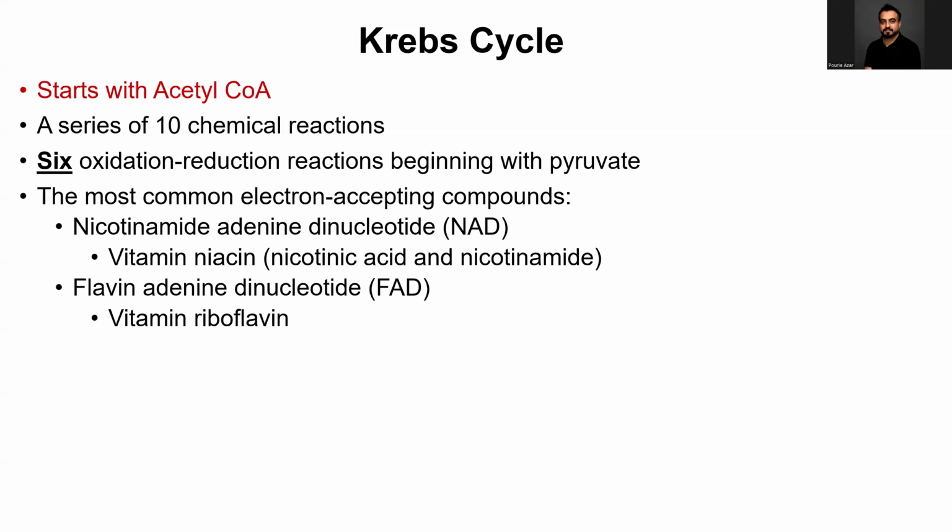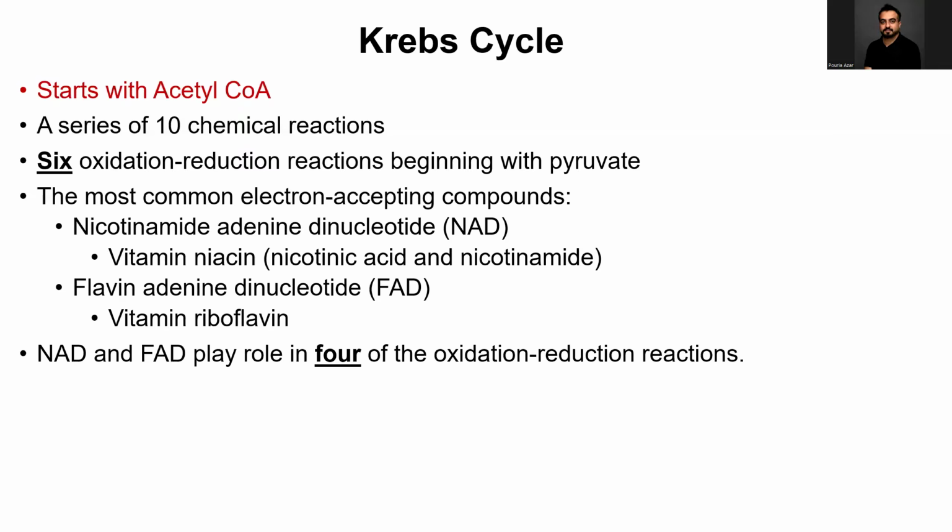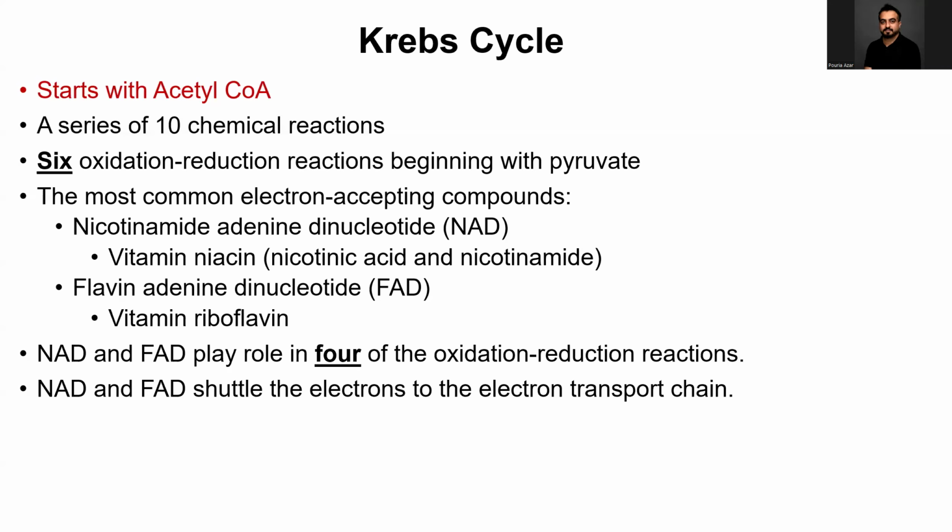So remember these, we have NAD and FAD in the Krebs cycle, and they play a role in four of the oxidation reduction reactions. We have six oxidation reduction reactions in the Krebs cycle. Four of them depend on NAD and FAD. These molecules shuttle the electrons to the electron transport chain.